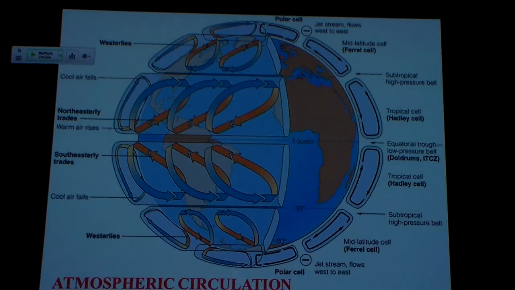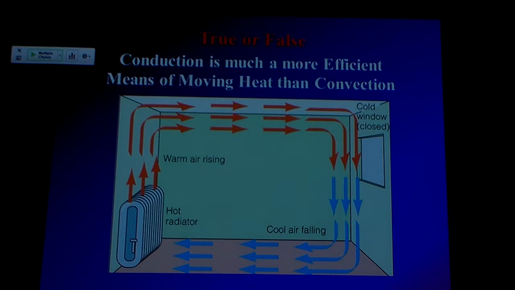So here, the west to east flowing winds coming out of the west, they're the westerlies. And then we're back to east to west flow at the polar cell, so there it's the polar easterlies. So we've got these bands of wind now blowing around planet Earth.